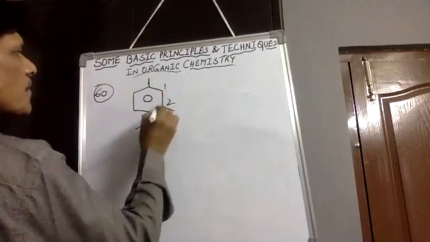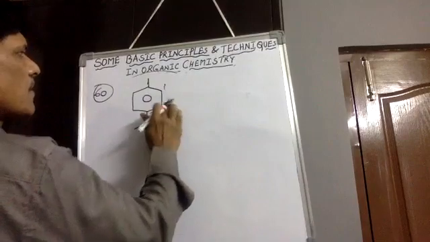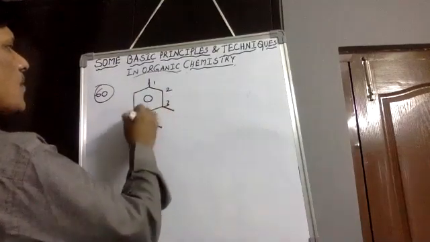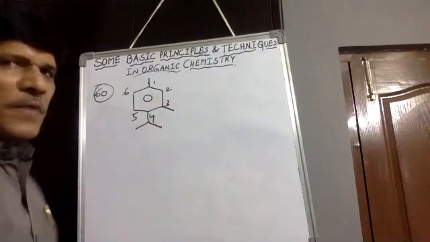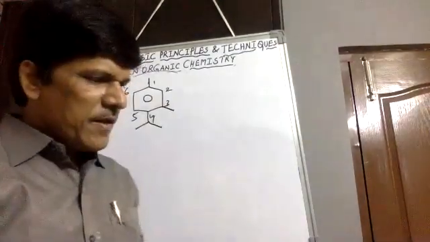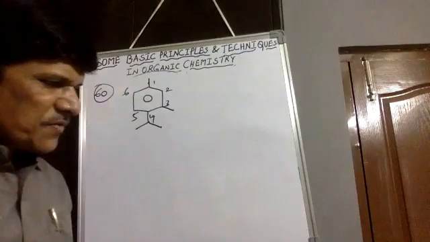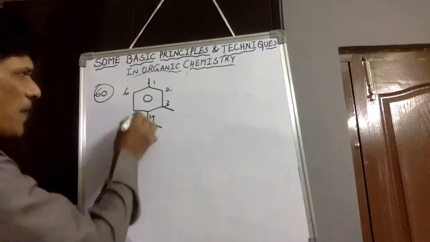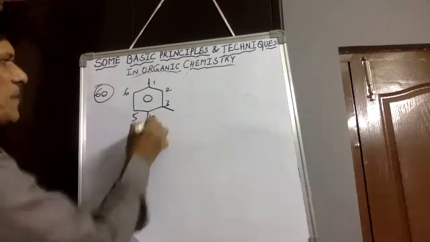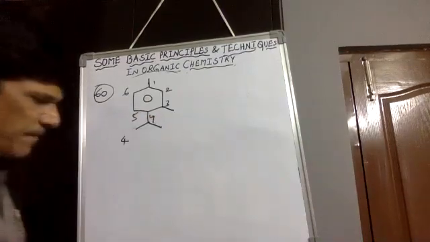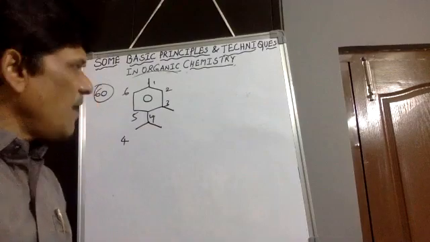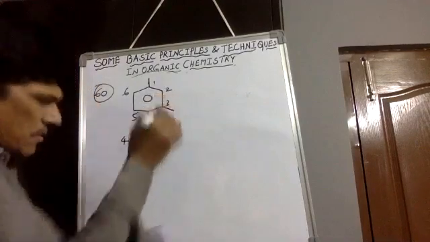1, 2, 3, 4, 5, 6. Methyl is given more priority than isopropyl, so we go with this, 4 isopropyl, 2, 4 dimethyl benzene.